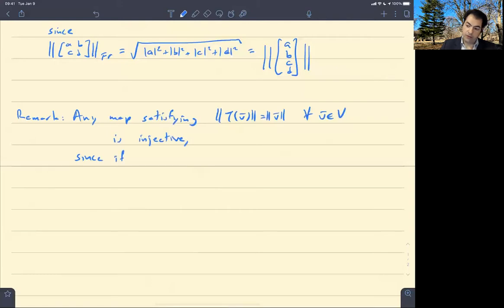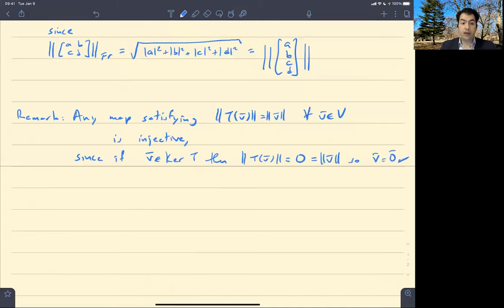Since if you have a vector in the kernel of T, then the norm of T of v is equal to 0, but by assumption that's the same as the norm of v. So v itself is equal to 0. Okay, so any map that preserves lengths has to be injective.